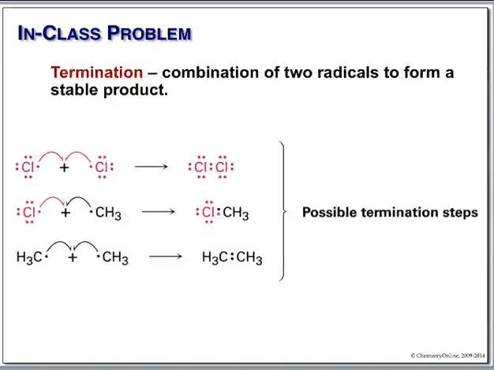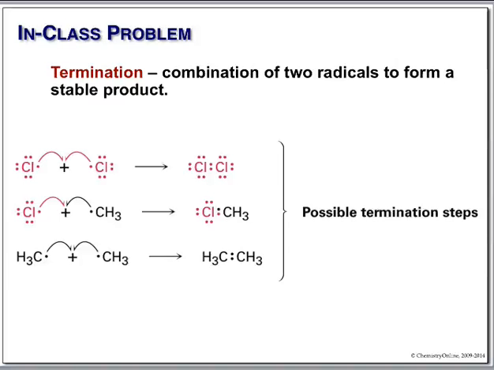So which was more likely to happen? Well, that would actually depend on your concentrations. If you had a high concentration of chlorine, this is probably the most likely process. That's because methyl radicals are so unstable that they'll react rapidly with Cl2.